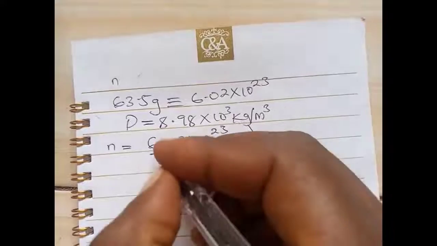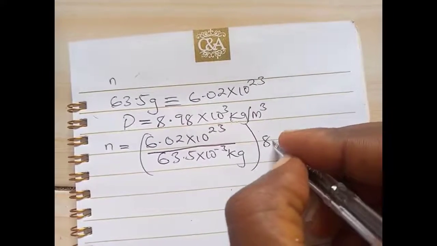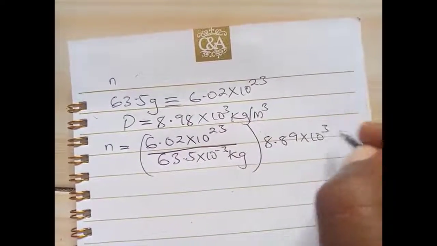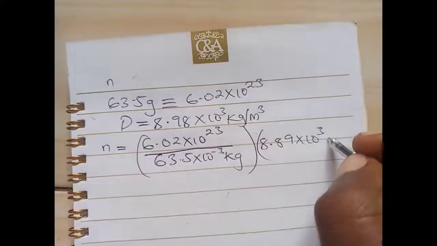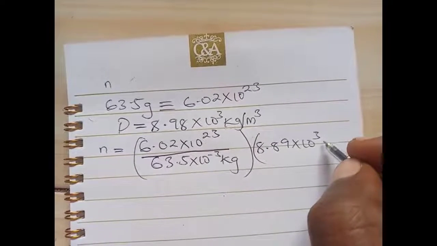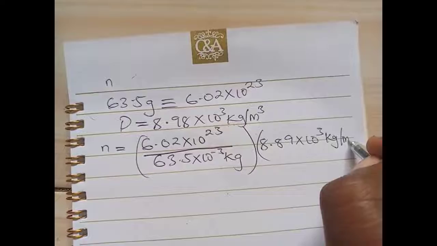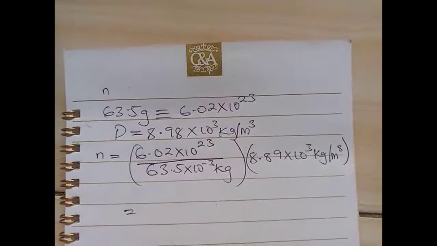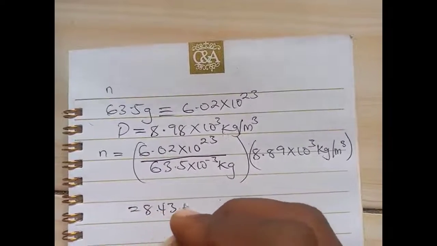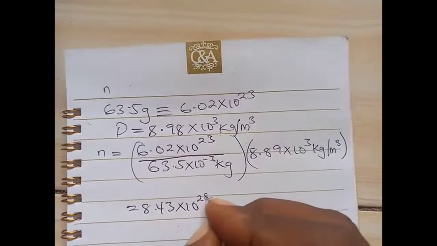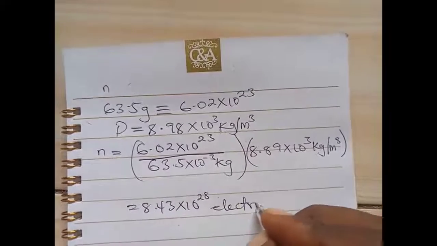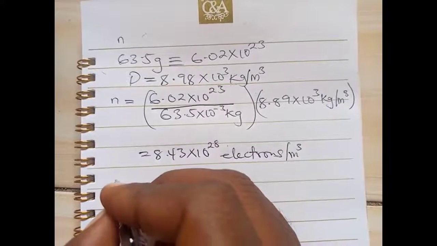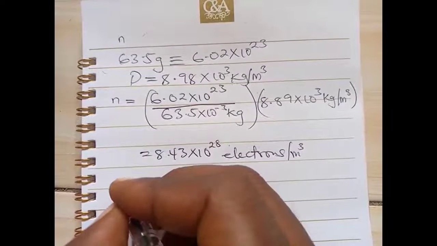We can now multiply by the density of copper, 8.89 times 10 raised to power 3, with unit kg per meter cubed. And if we press the calculator, we'll have 8.43 times 10 raised to power 28 electrons per meter cubed.